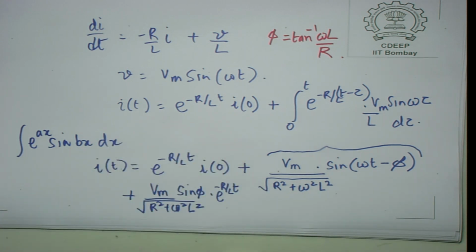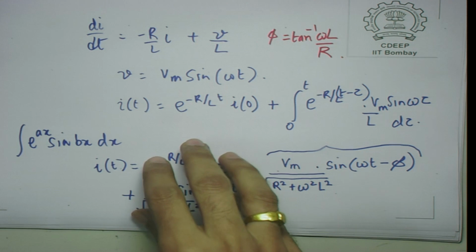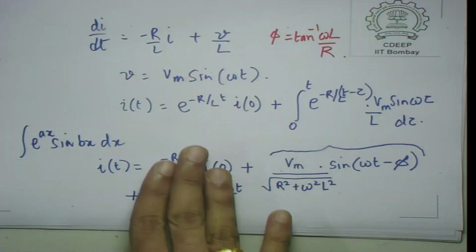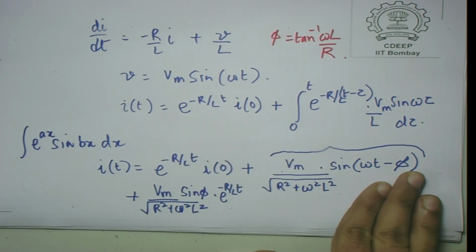Of course, remember that there are natural transients, and if you switch on this circuit at time t is equal to 0, you will find that there are some exponentially decaying terms as well as the sinusoidal steady state term. Once these things die out, you are left with the sinusoidal steady state.